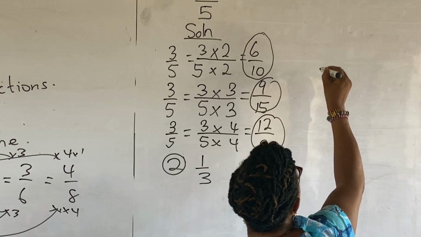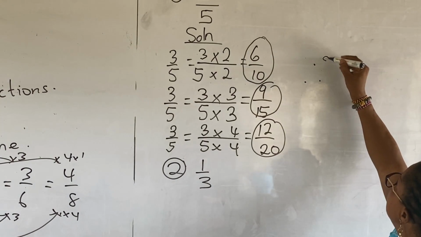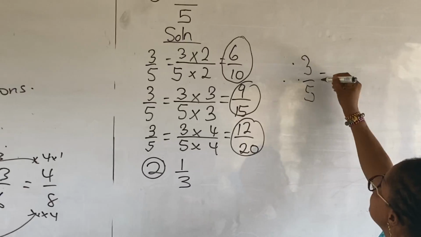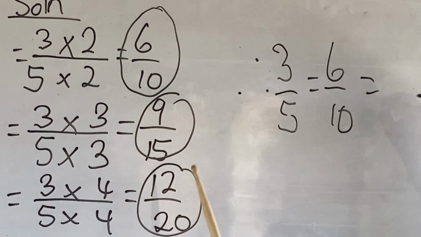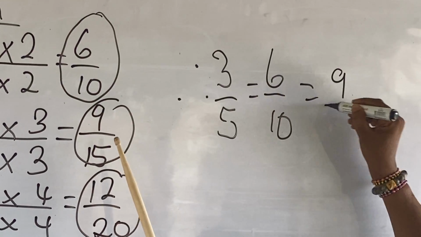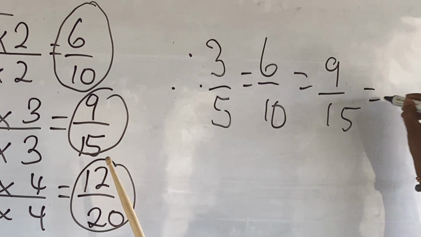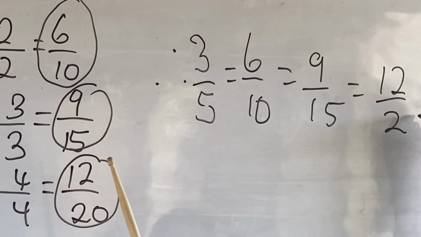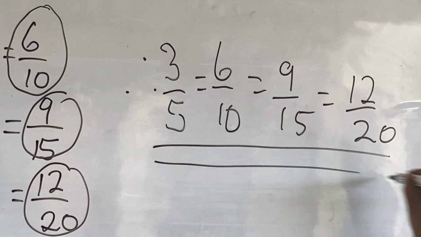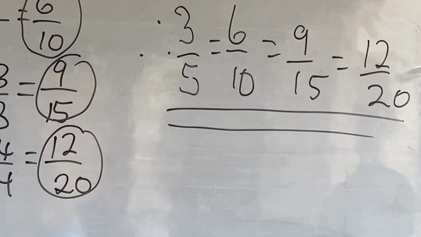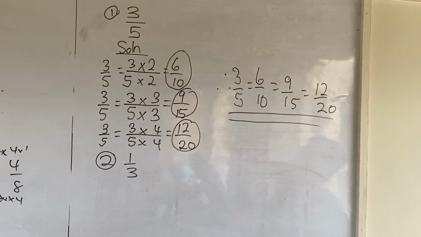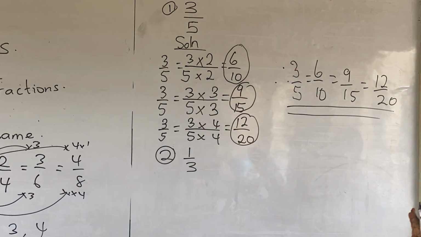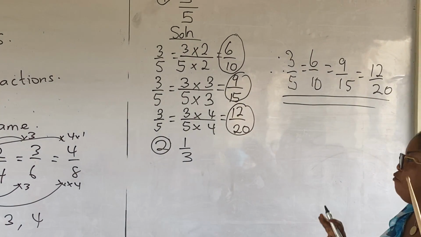So therefore, 3 over 5 is equal to 6 over 10 is equal to 9 over 15 is equal to 12 over 20. So we now have 3 equal fractions for 3 over 5. And the fractions here are all equivalent, just that they are in different form.